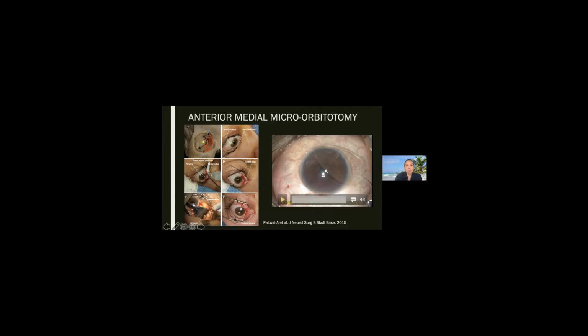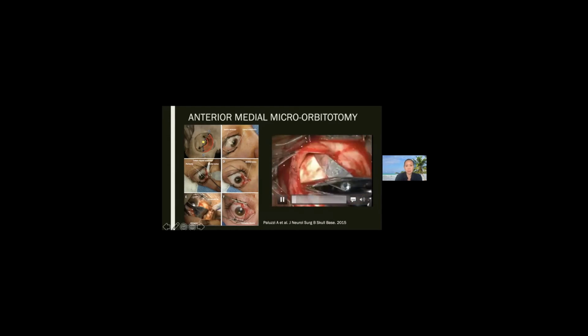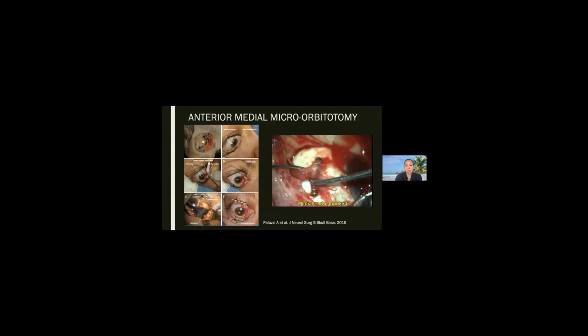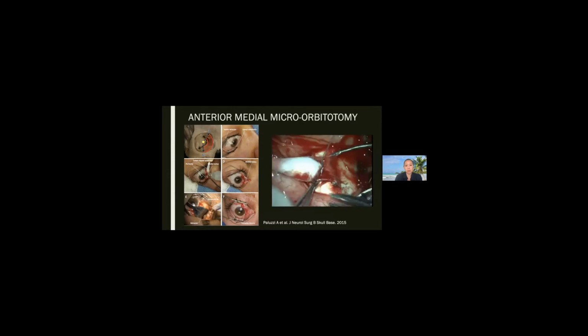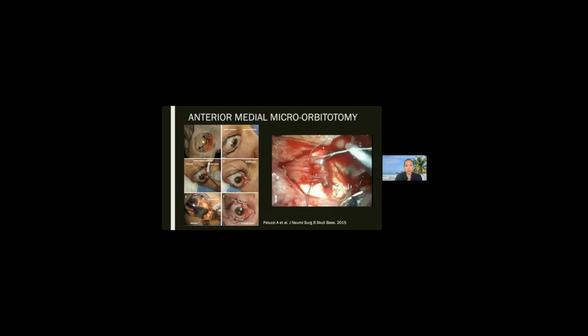So they can expose 270 degrees through a conjunctival incision, and then they cut the medial rectus, and they suture both sides and use the suture to retract the globe laterally.